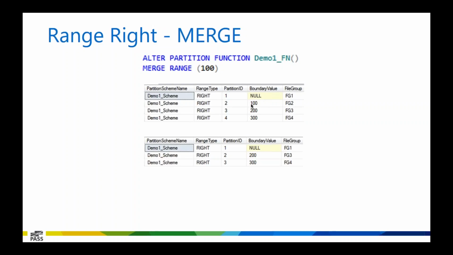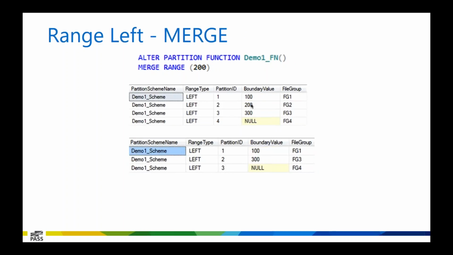So when you have two partitions back-to-back, partition 1 and partition 2 empty, there's no data to actually move, so merging them together will be instant because there's no data that has to move from one file group to another. Keep in mind, we're going to see the same thing for doing a merge with range left. Same kind of concept.